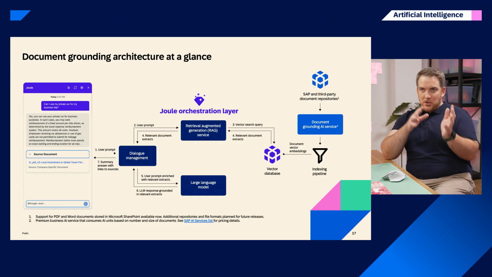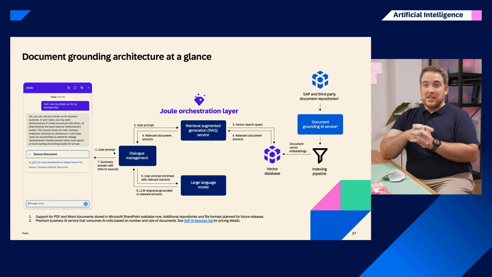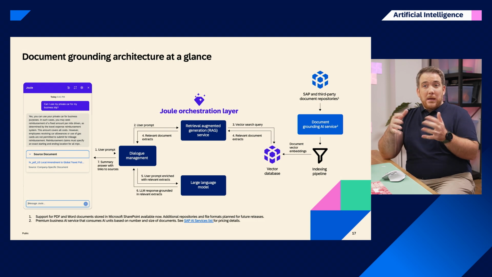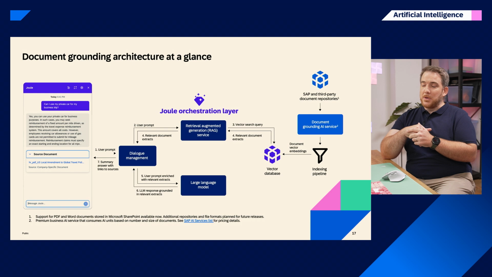And then if we go back on the left side, this is exactly where we left, right? There is Joule, and I'm an end user, an employee, a customer, whoever. I'm in Joule, I'm asking a question, and then Joule will directly trigger the retrieval process of document grounding.